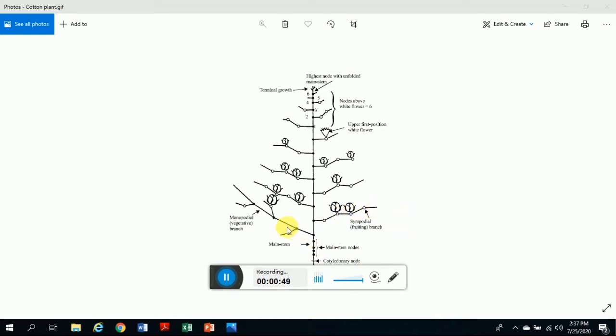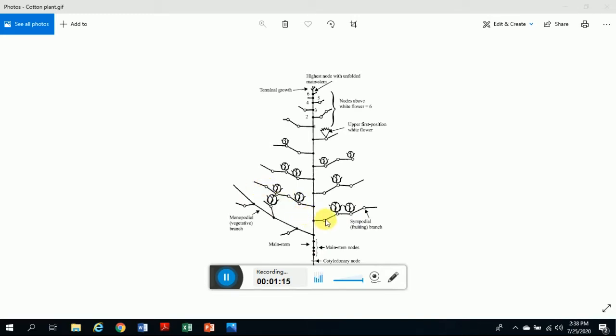While look at this branch, this is a monopodial branch, because it is not directly bearing the fruit. This branch carries a small branch, and that branch carries the fruit. So this is a monopodial branch, while the branch which directly bears the fruit is called a sympodial branch. Look at this branch, this is again a sympodial branch.